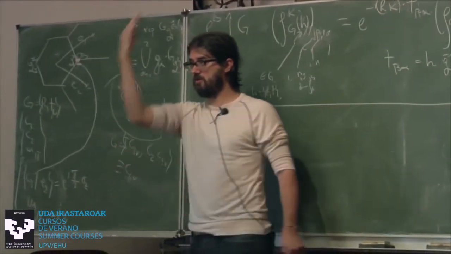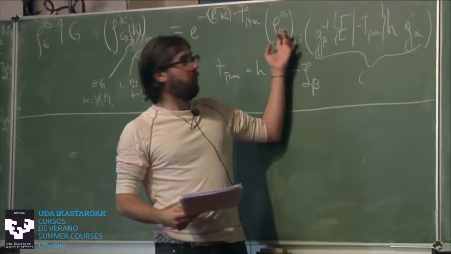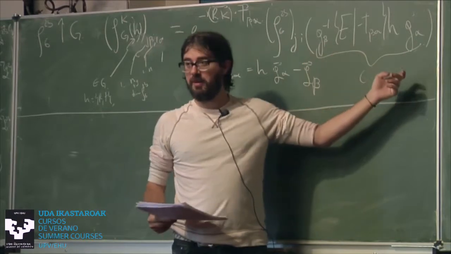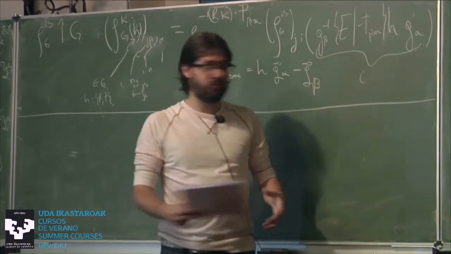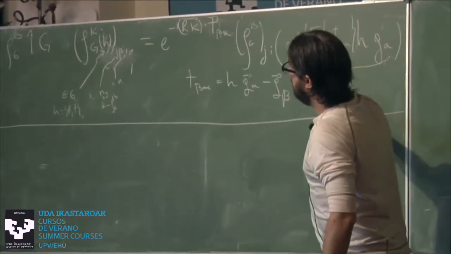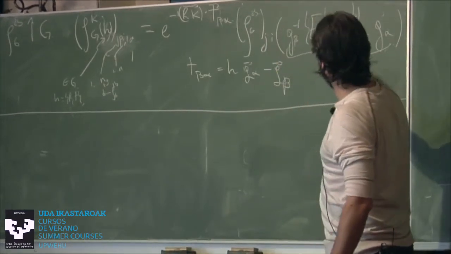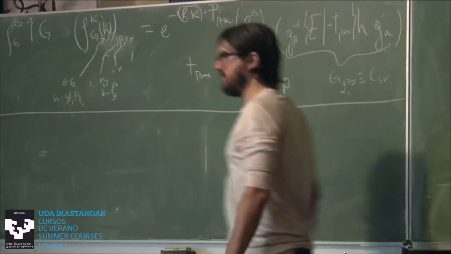I'm trying to induce a representation into the space group, but all I know is the site symmetry representation. So this group element better belong to what? The site symmetry group. So this group element better belong to G q1, how did I call it, 2b, which is C3v, because that's all I know.